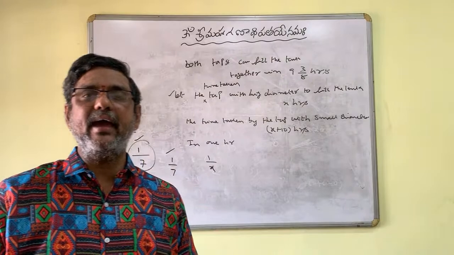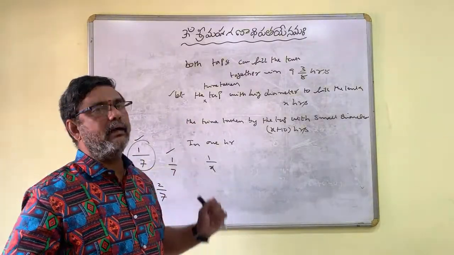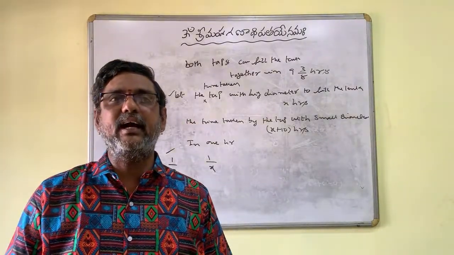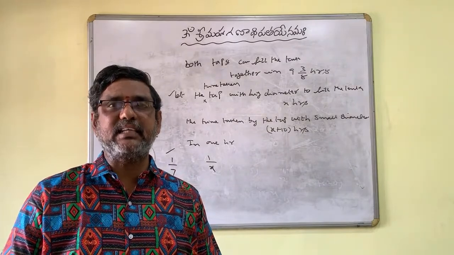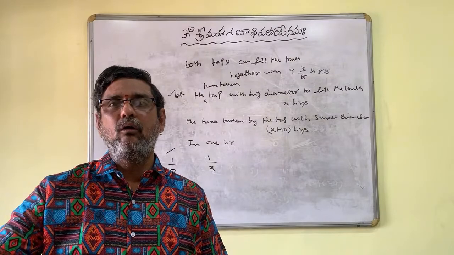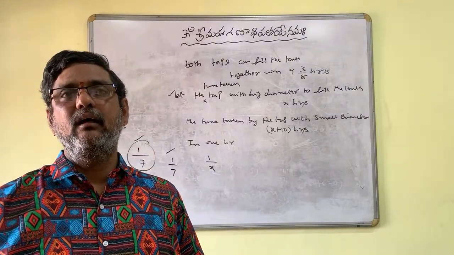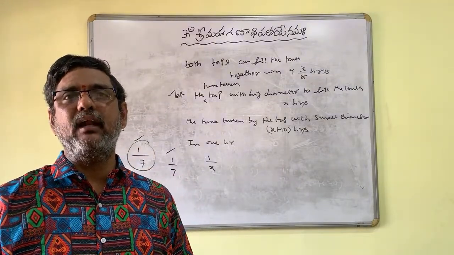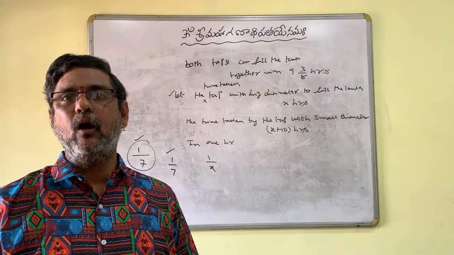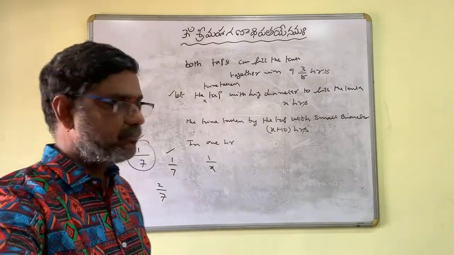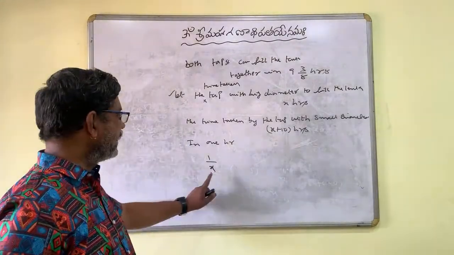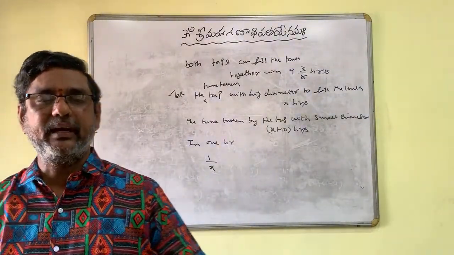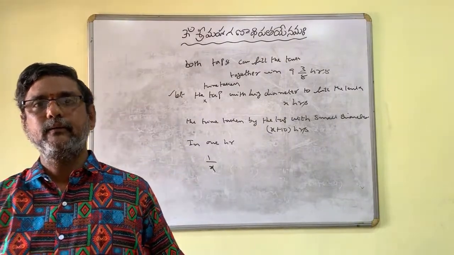In the same way, the tap which is having larger diameter fills the tank in x hours. So if we run only that tap for 1 hour, 1/x of the work is completed.